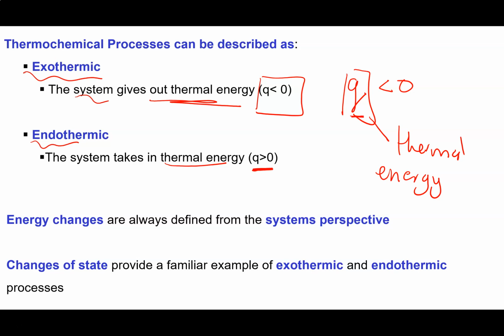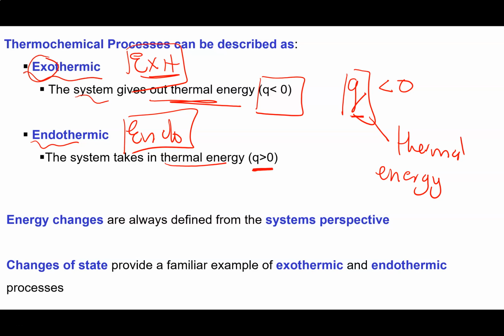Two things to notice here: exo means exiting, on the outside, leaving. Endo means on the inside, entrance, taking in. So keep that in mind: exiting and entering the system, exothermic and endothermic.